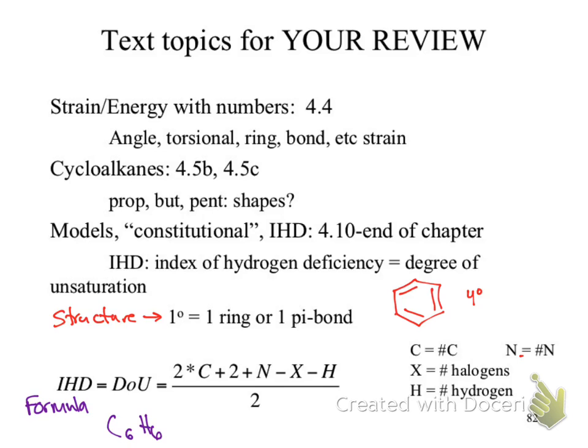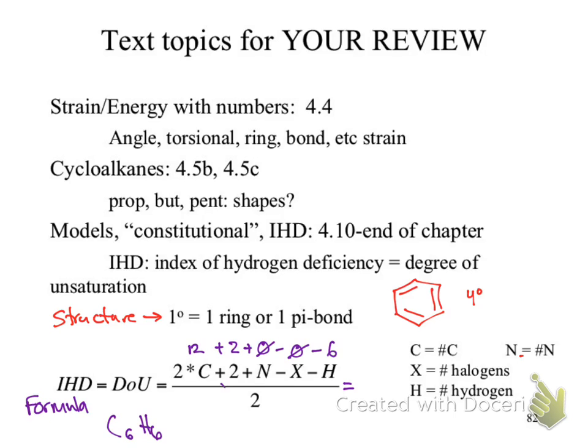C6H6. Okay? How many carbons? 6, so that would be 12 plus 2 plus how many nitrogens? 0. How many halogens? 0 minus the number of hydrogens? 6.